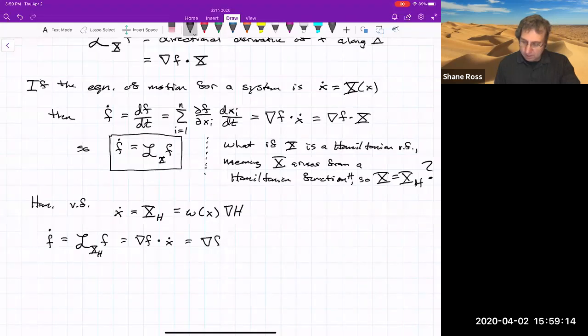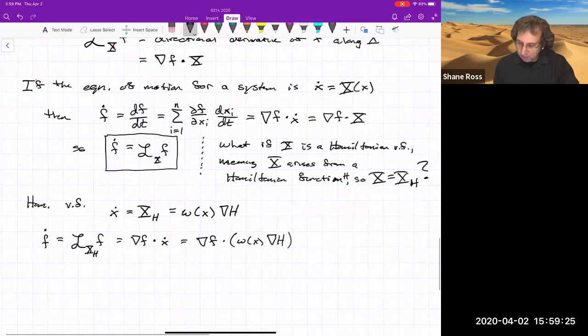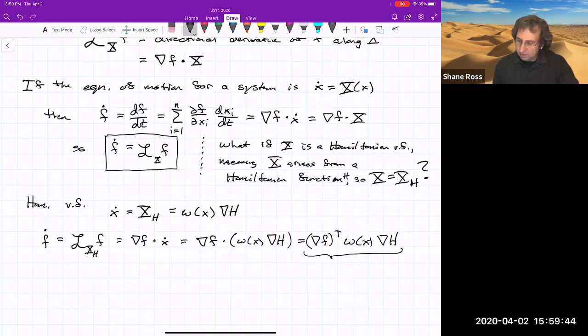Gradient of F, we know how to write X dot: the Poisson matrix times the gradient of H. Or another way to write this is just gradient of F transpose omega gradient of H. Then we go, oh, I recognize that. This is how we wrote the Poisson bracket.